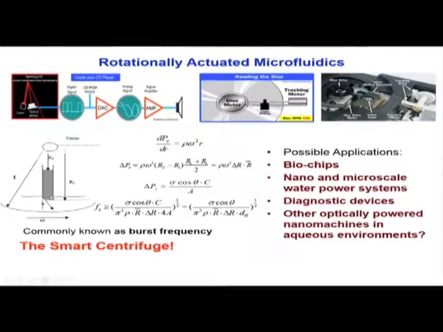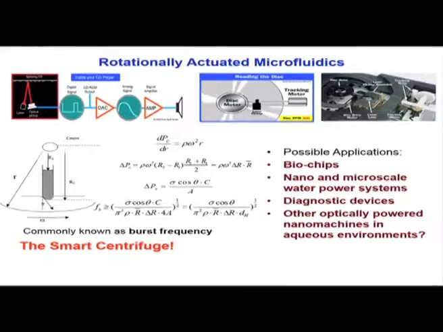meniscus is such that the surface tension force, in which direction does it act? Can you tell, is it radially inwards or outwards? It is radially inwards. Just draw the tangent to the interface, you see the tangent to the interface is inwards.